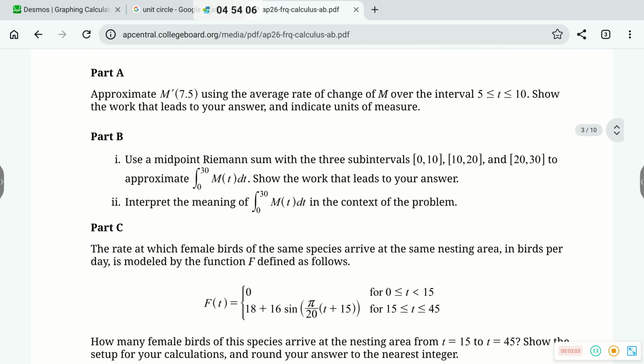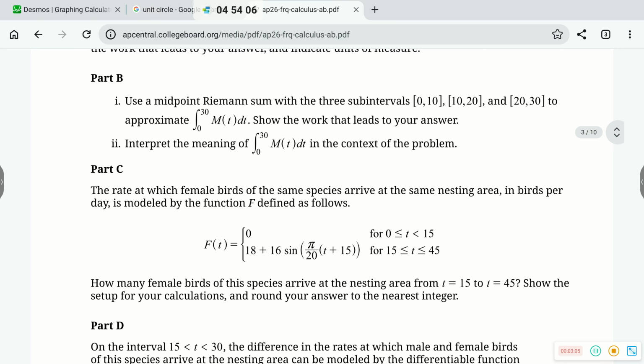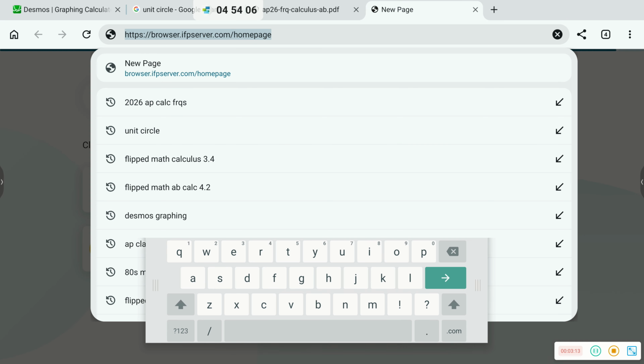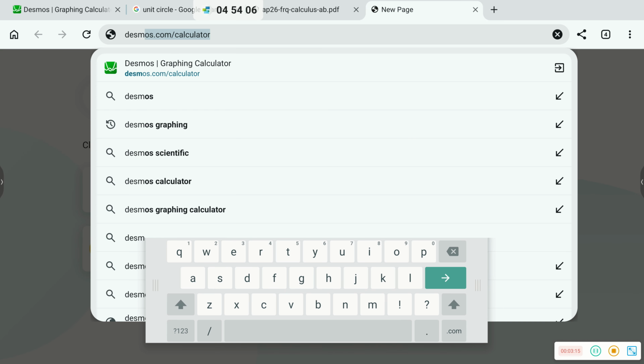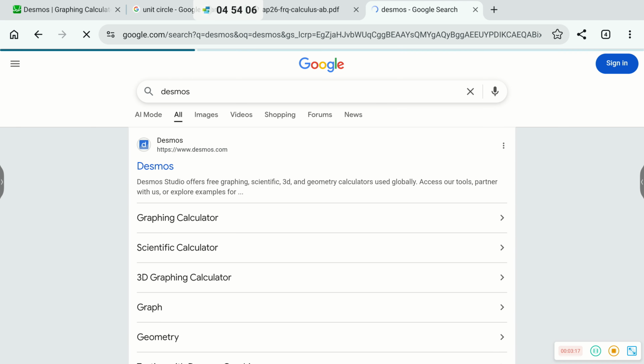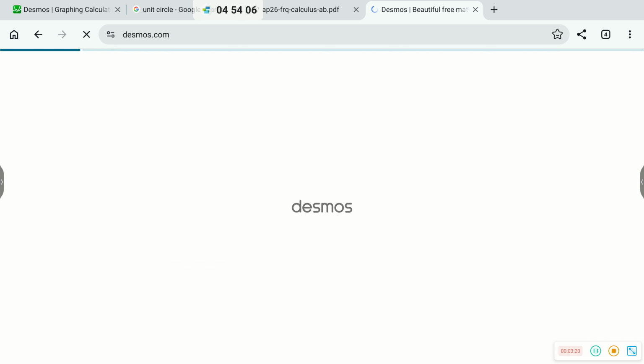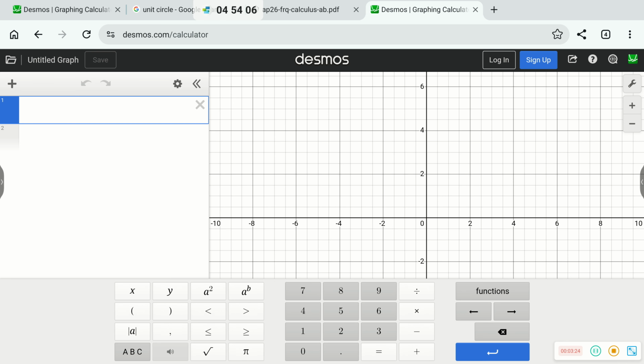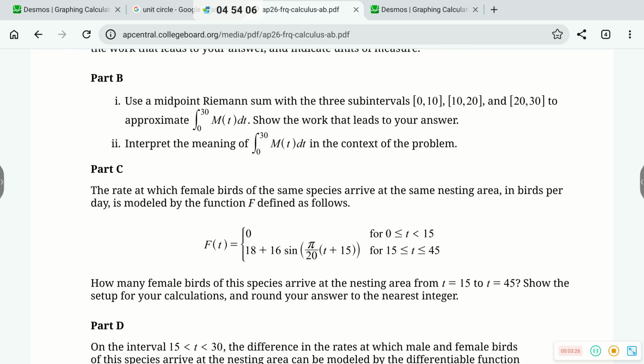Here's where we need Desmos. Go get a Desmos going right here. So no females at all, days 0 through 15, none at all.